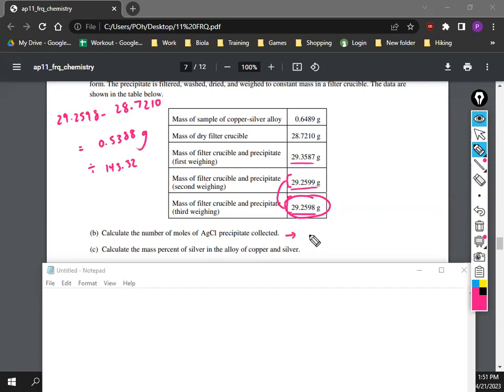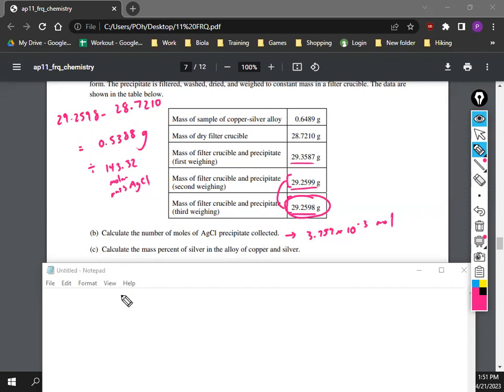And that will give you a final answer of 3.759 times 10 to the negative 3 moles. So that's part B.